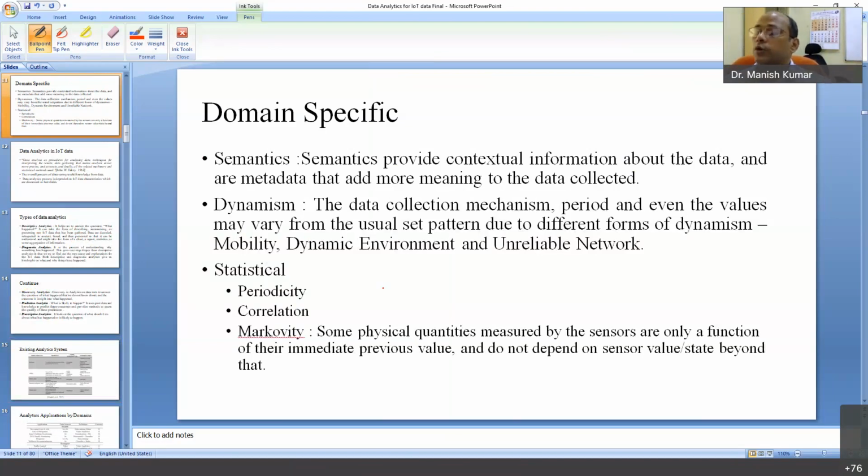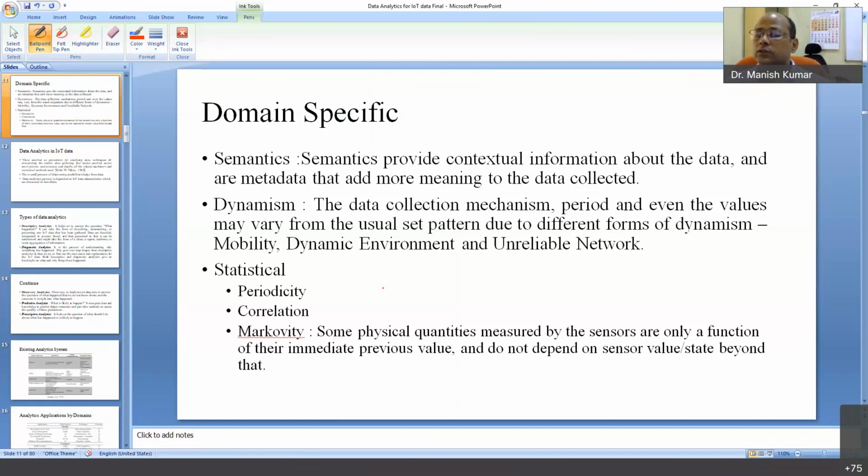You are adding more meaning to the data collected. Some set of rules or information is added to the data, which can then be inferred in a more valuable manner.